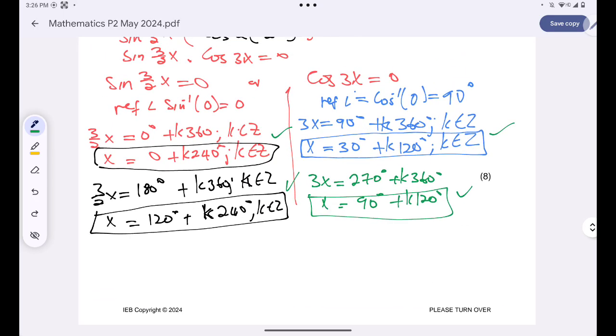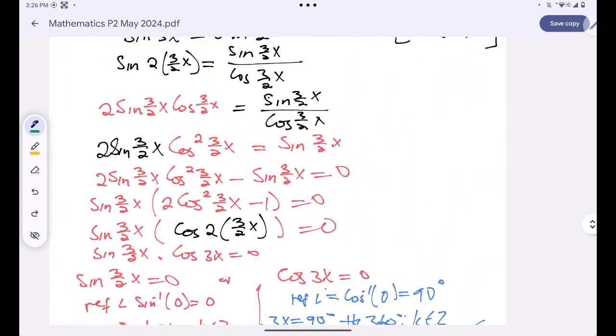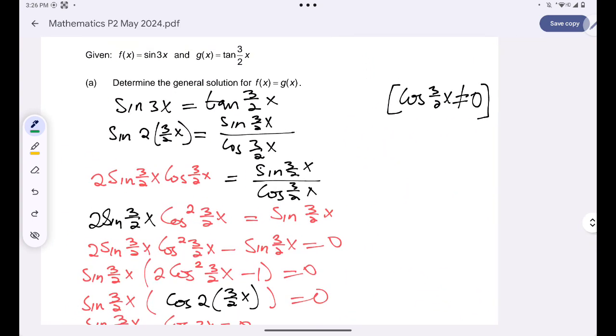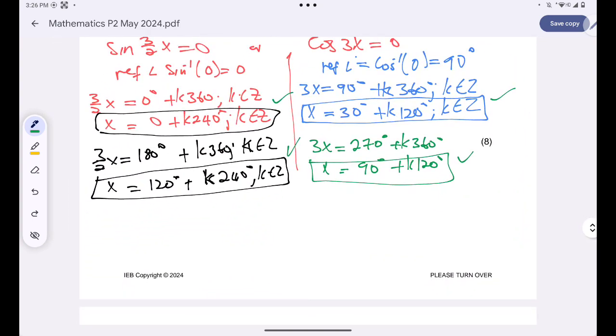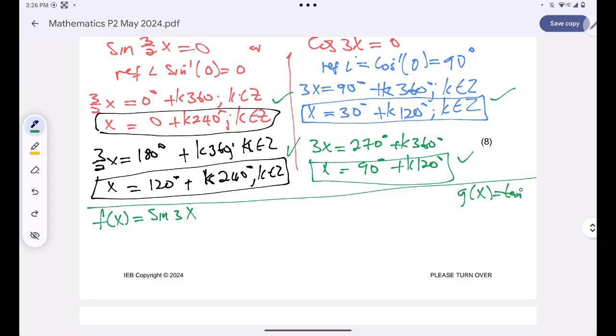Okay, I have the graph. Remember that, guys, I was told that f of x is sine 3 theta. Let me underline here. f of x is sine 3x, and then g of x is equal to tan 3 over 2 x, right?